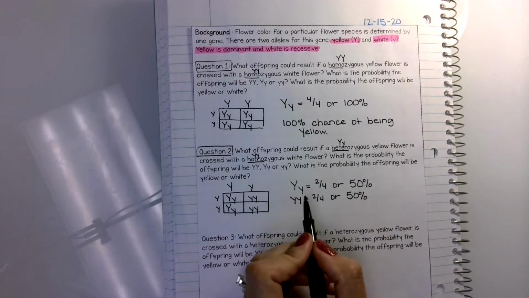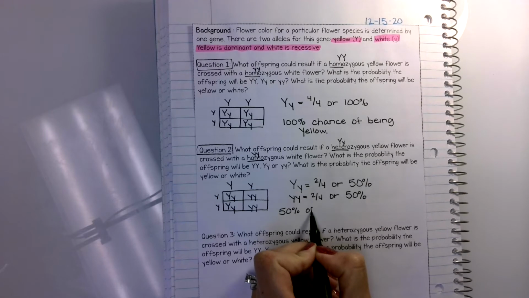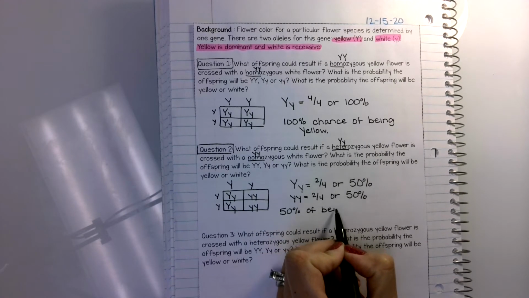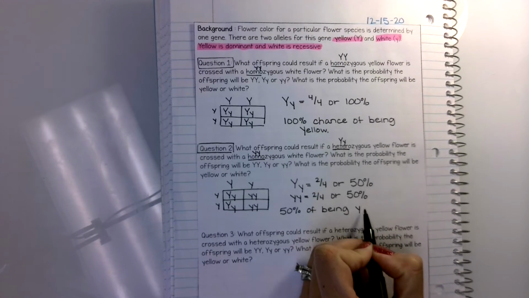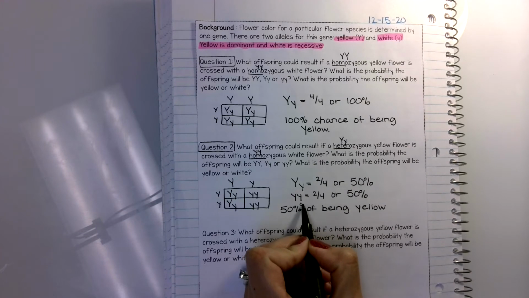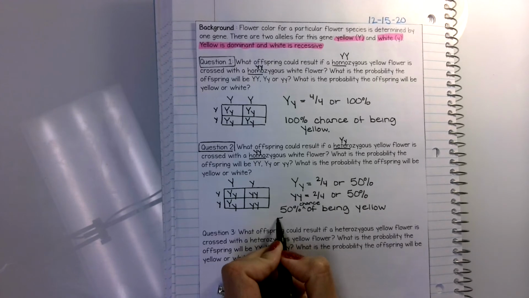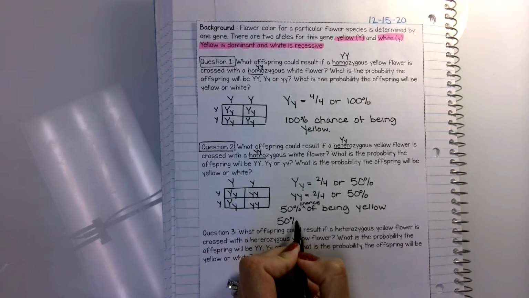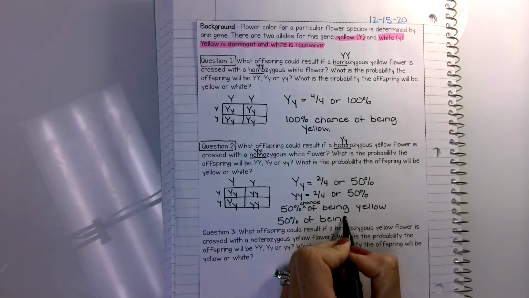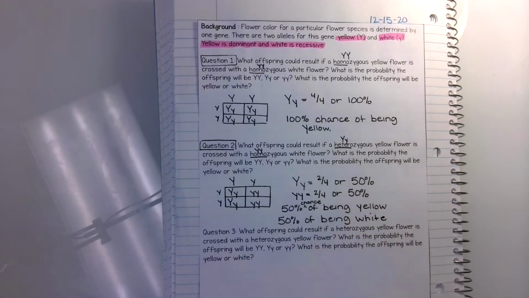So we have a 50% chance of being yellow. I forgot to write chance in here. Chance of being yellow, and a 50% chance of being white. Being a white flower. Okay.